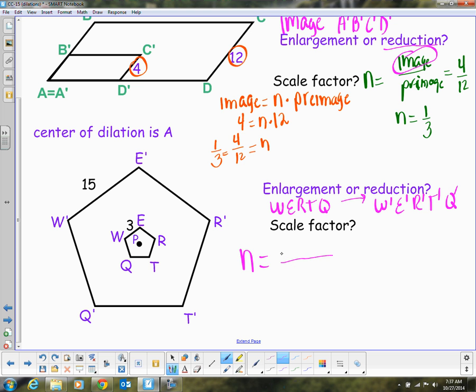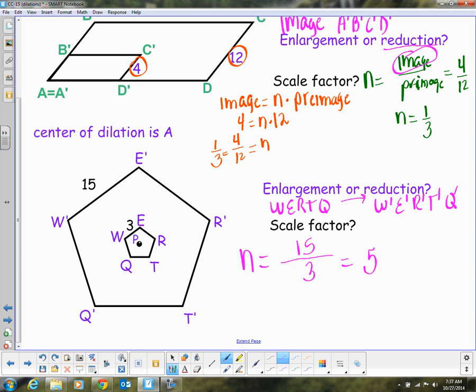So who will go on top? Right, so what number? 15 over 3, or 5. So in other words, every single one of these sides was multiplied by 5 in order to get these sides.